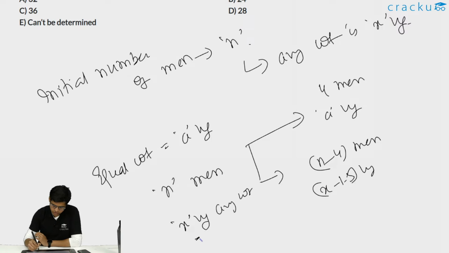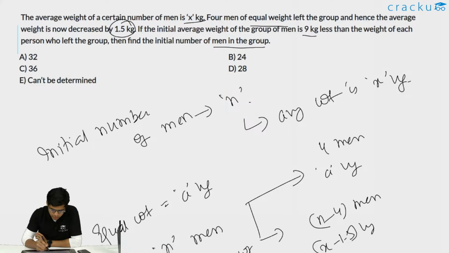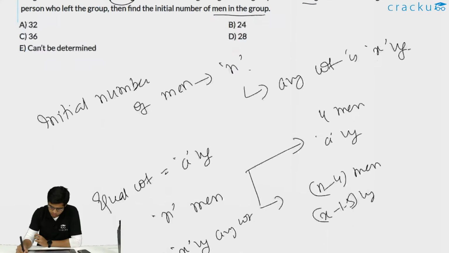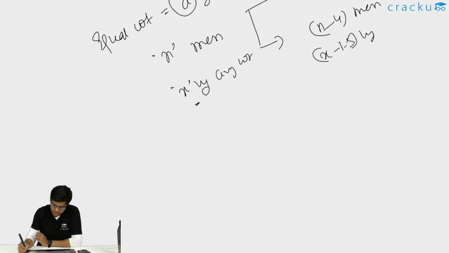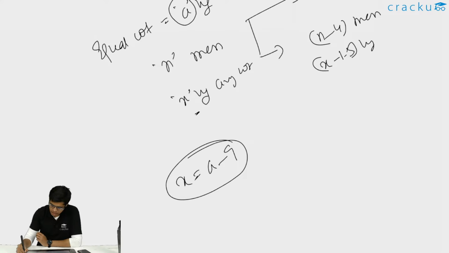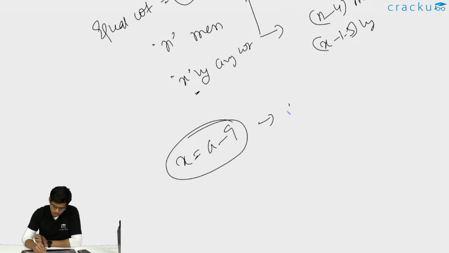x was the initial average weight, decreased by 1.5 kg, right? The initial average weight of the group of men is 9 kg less than the weight of each person who left the group. So the initial average weight is x, and each person who left the group has weight a. So it is given x equals a minus 9, or I can write a equals 9 plus x.